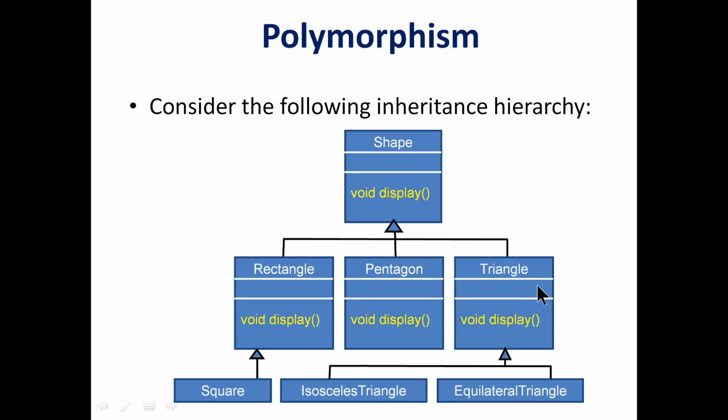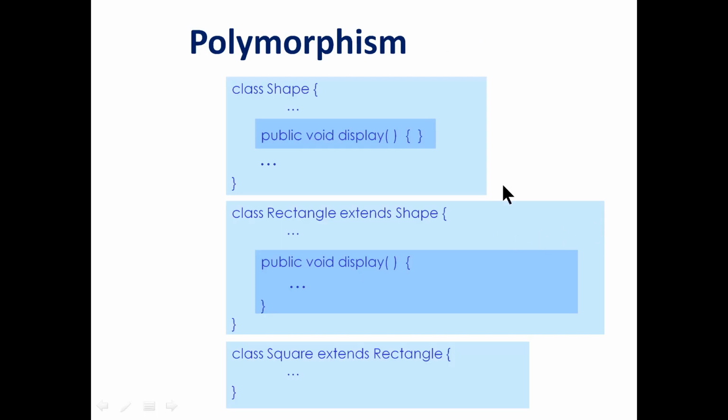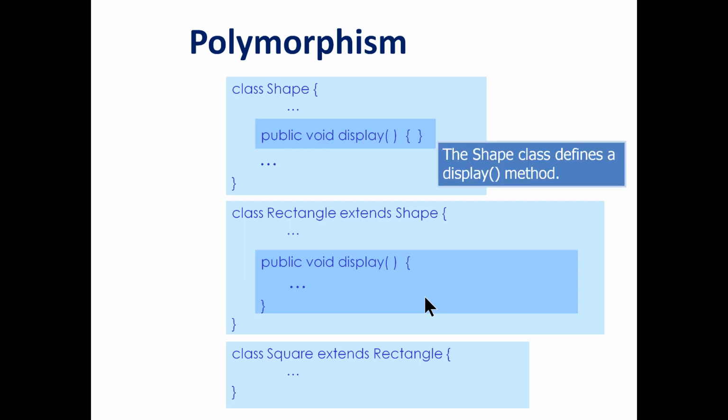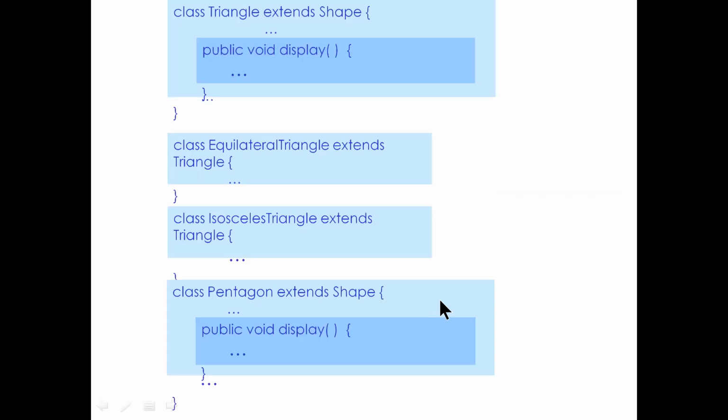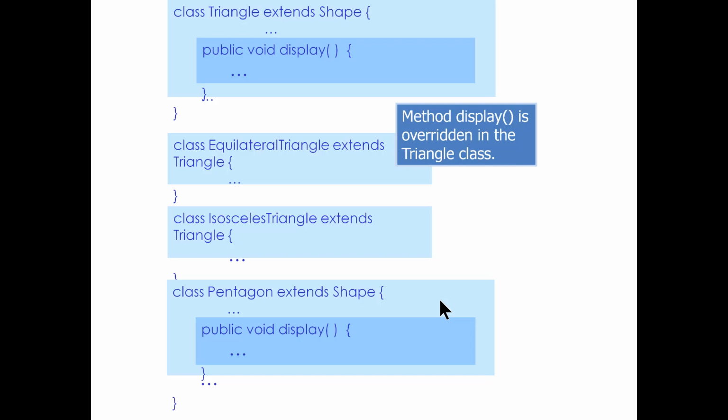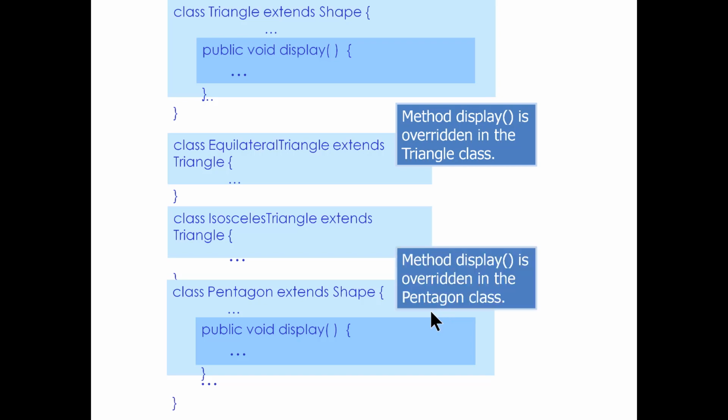In shape I have this display method, and I override the same display method in the rectangle and in all the other classes. The shape class defines the display method, and the method is overridden in the rectangle class, and so on. The method name is the same but the behavior is different.